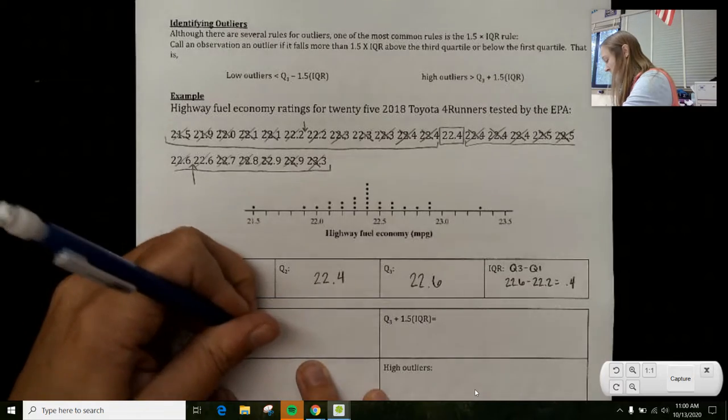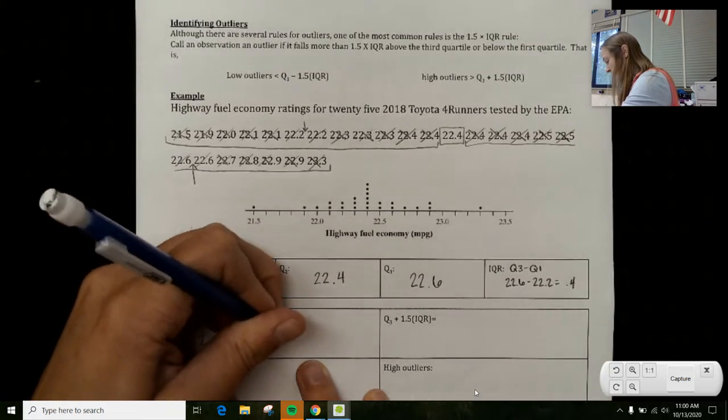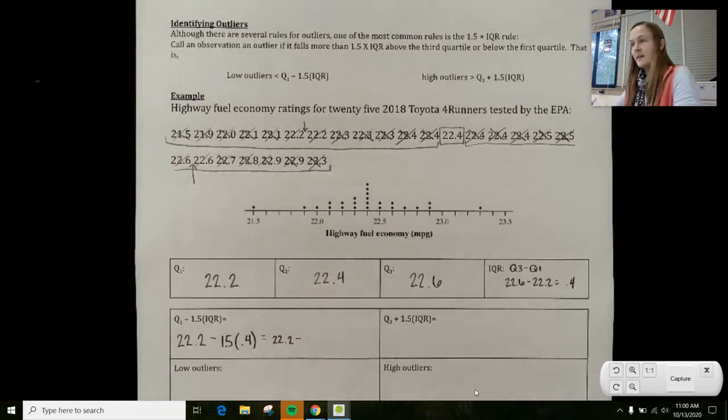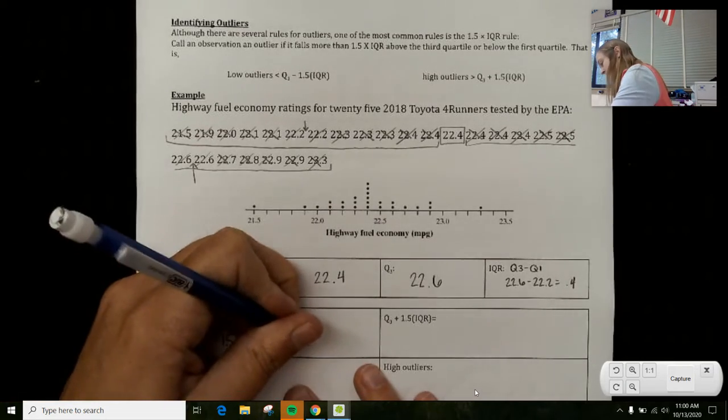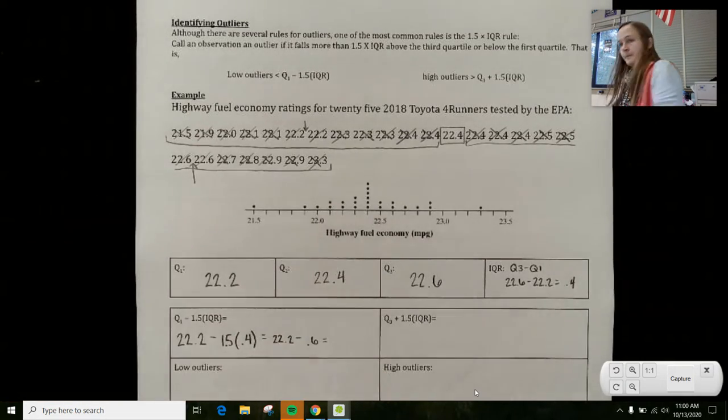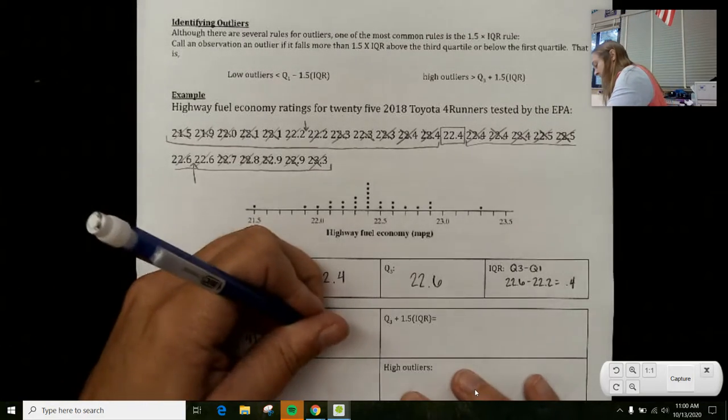So that gives me 22.2 minus, and then 1.5 times 0.4, and I'm getting 0.6. So 22.2 minus 0.6, and I get 21.6.